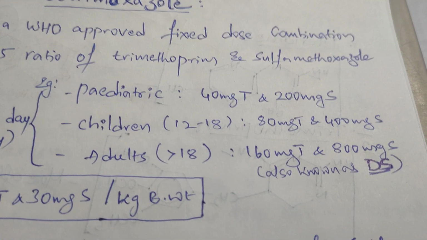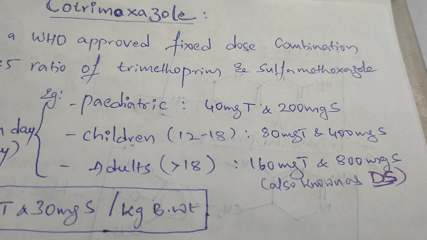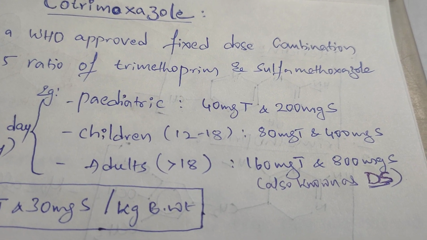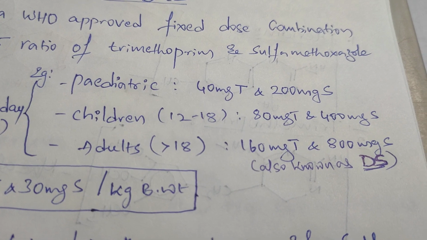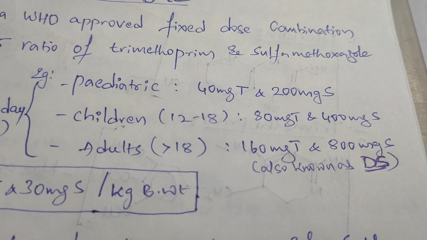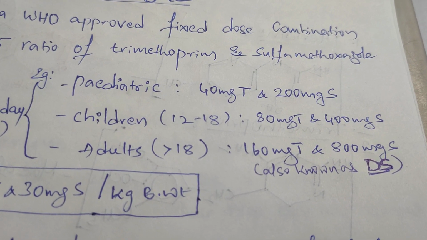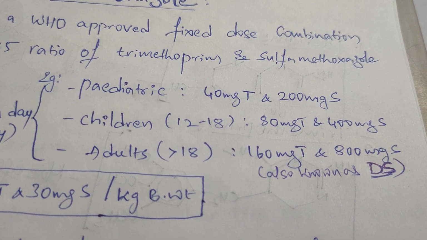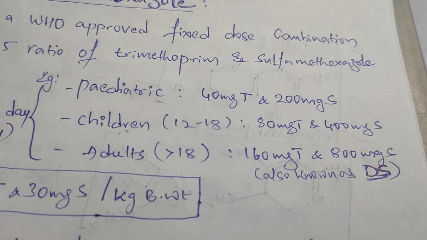And in children, meaning 12 to 18 years, 80 mg of trimethoprim is combined with 400 mg of sulfamethoxazole. Whereas for adults above the age of 18, trimethoprim is used at a dose of 160 mg and sulfamethoxazole at 800 mg, and this 160 to 800 combination of trimethoprim and sulfamethoxazole is known as the double strength combination.